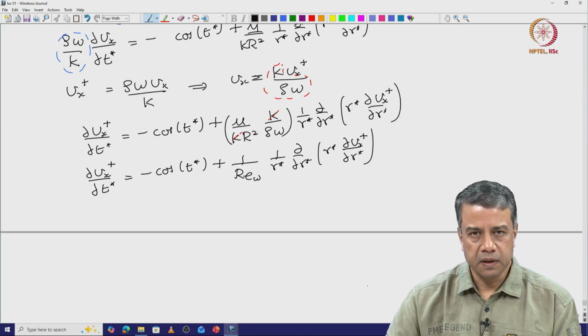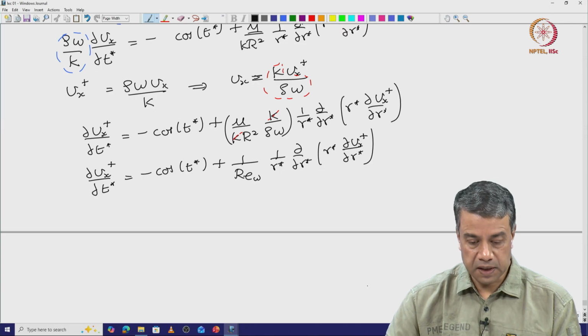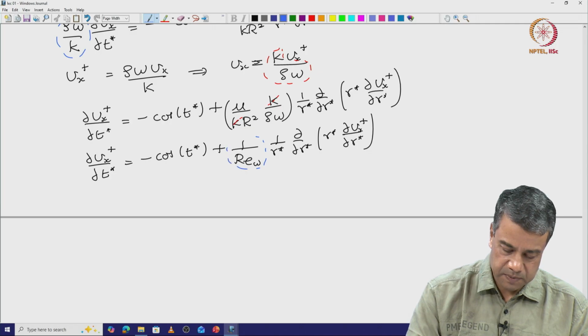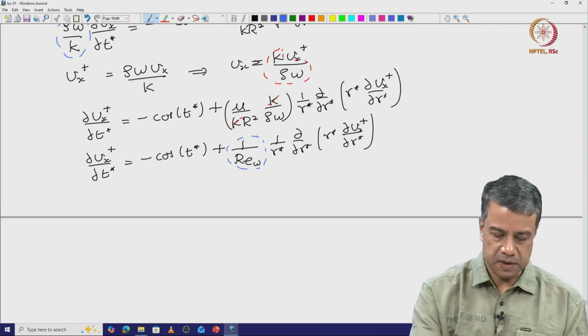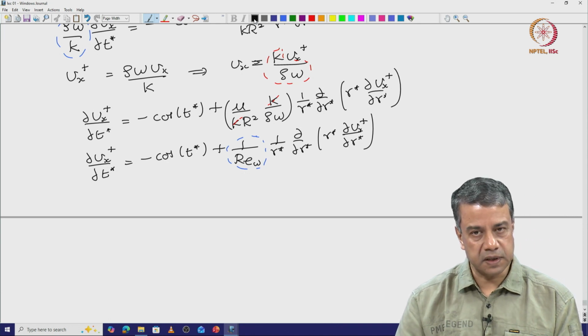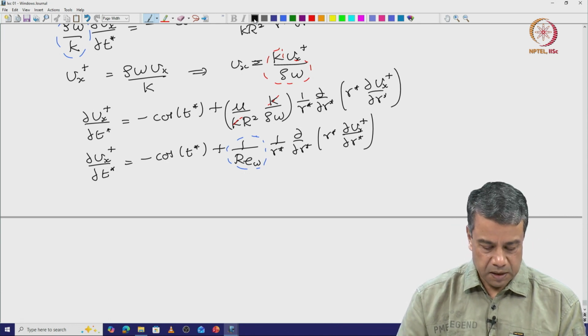So, this is the equation now. I have high Reynolds number, that means I have a small parameter that is multiplying the viscous term in the equation. How do I solve this?